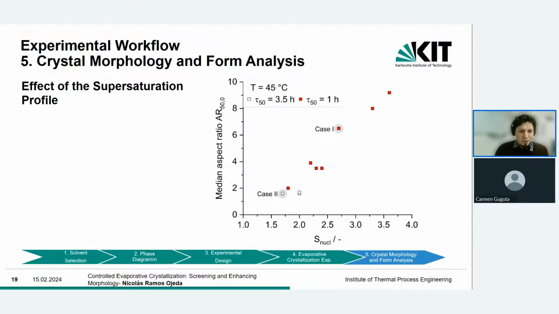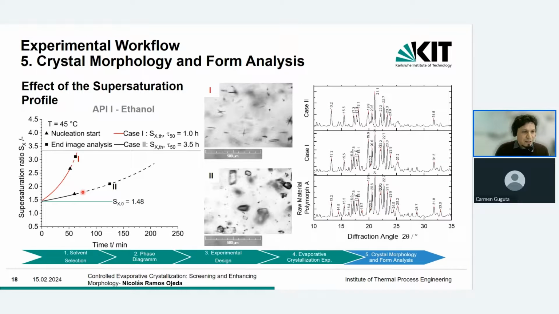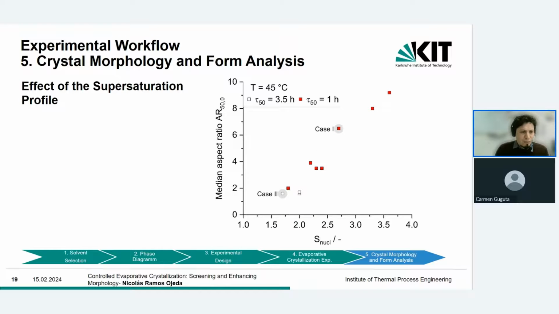So probably you have noticed from the previous slide that the nucleation starts at different supersaturation levels with fast evaporation and slow evaporation. So we plot replicates of the experiments.